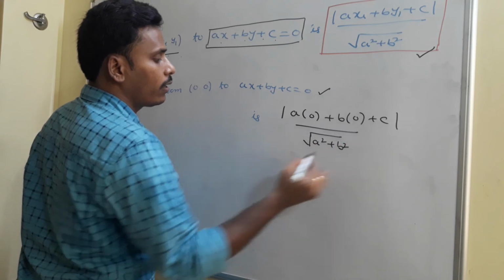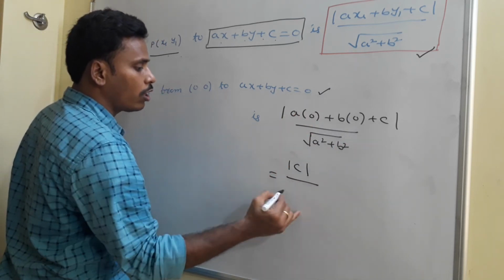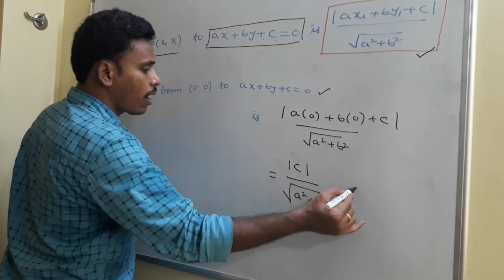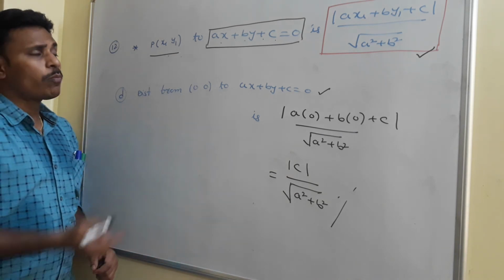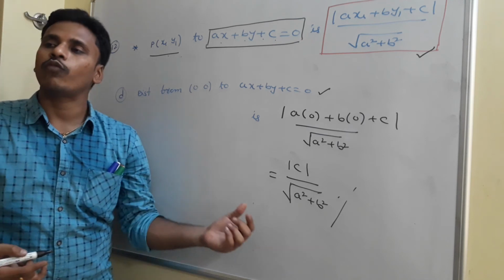If you simplify, a into 0 and b into 0 are 0, and at the end this is modulus of c by root of a square plus b square. This is the distance from the origin to the line. So if the point is the origin, finding the distance to a line is somewhat easy.